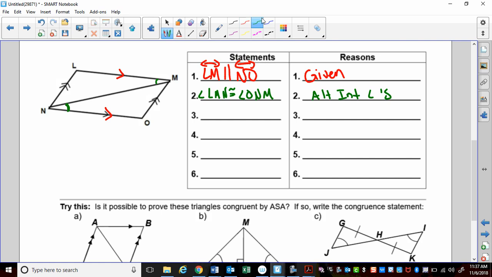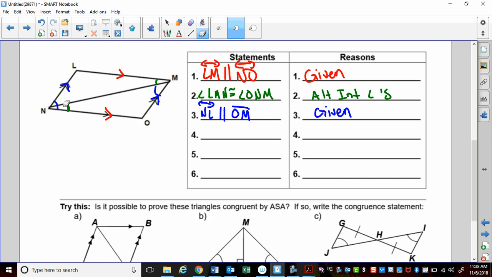Also, I know that this line is parallel to this line. So NL is parallel to MO or OM, whatever order you want. And this is given. They give us that. They plug it into the directions for us. But since we have these parallel lines, we also have alternating interior angles.